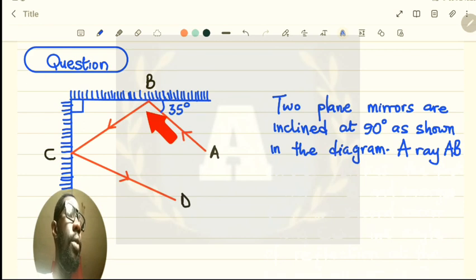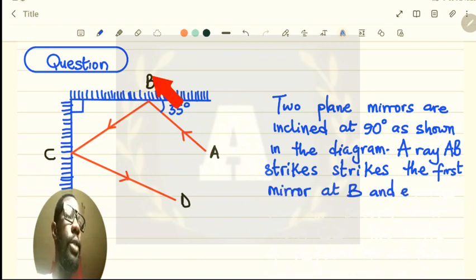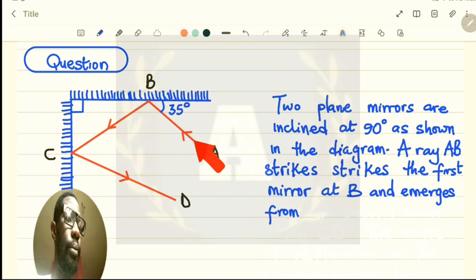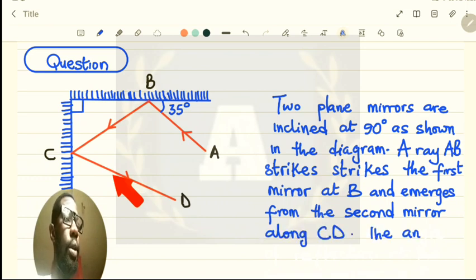A ray AB strikes the first mirror at B and emerges from the second mirror along CD.